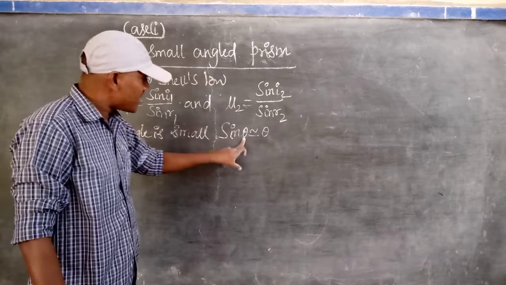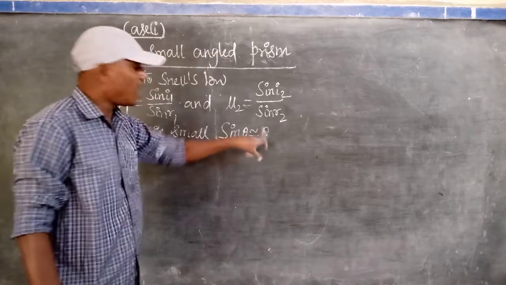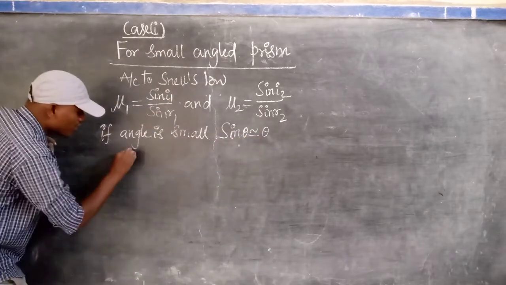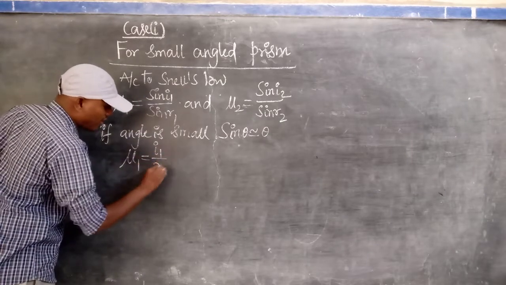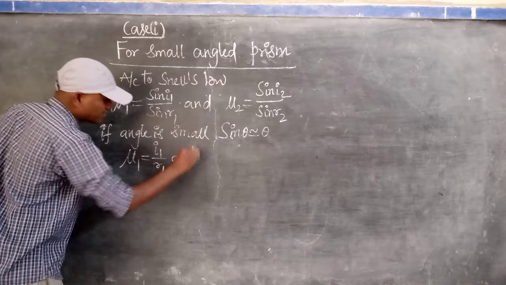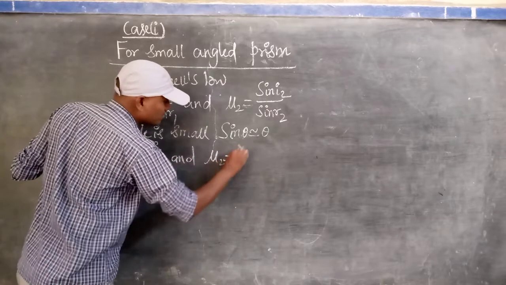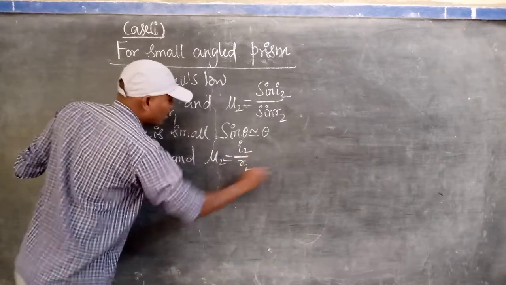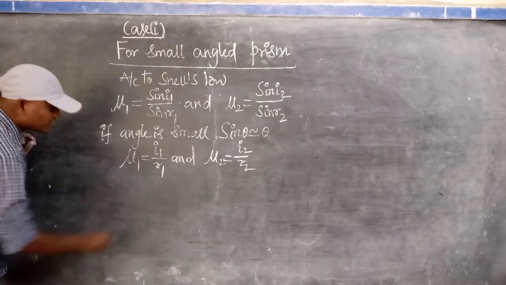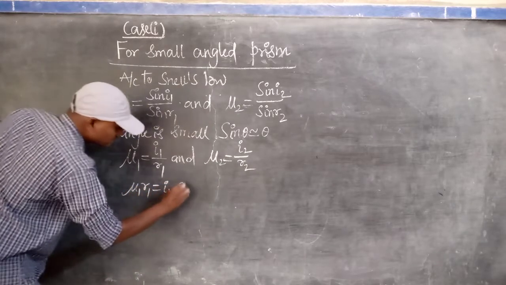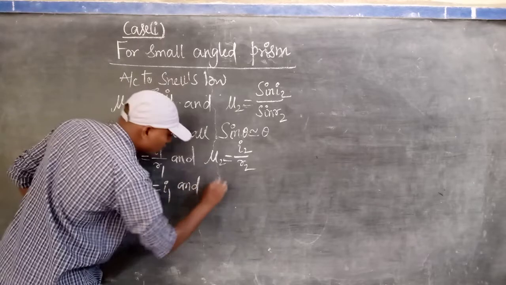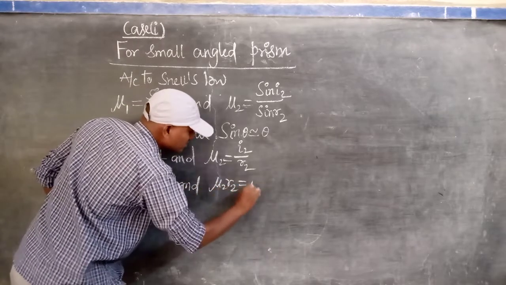So mu1 is equal to I1 upon R1 and mu2 is equal to I2 upon R2. R1 is transferred to this side: mu1 R1 is equal to I1, and mu2 R2 is equal to I2.